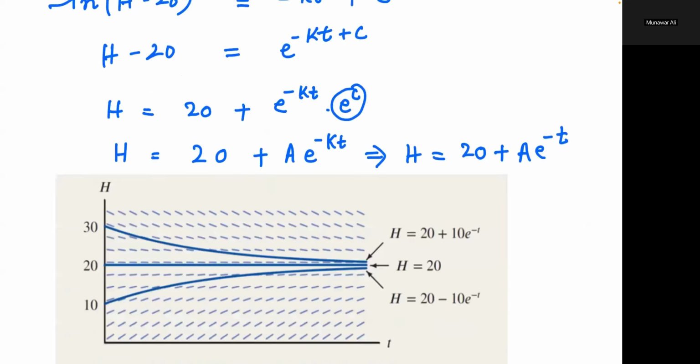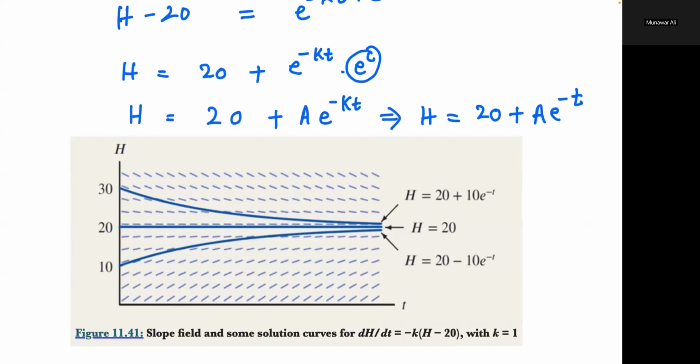So maybe to understand this problem, we can look at this slope field as well as 3 different solution curves corresponding to different initial conditions. If you want to understand this solution, which is h is equal to 20 minus 10 e to the negative t, what does it say?